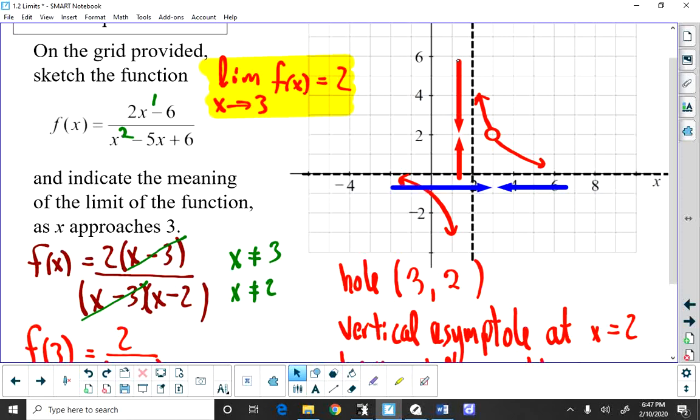So as x squeezes in on that 3, y squeezes in on that 2. And you'll notice that x never reaches 3. X can't reach 3 because there's that hole there. But the closer you get to the hole, which incidentally is infinitely small, the closer the y-coordinate gets to being 2. So that's the meaning of the limit graphically.